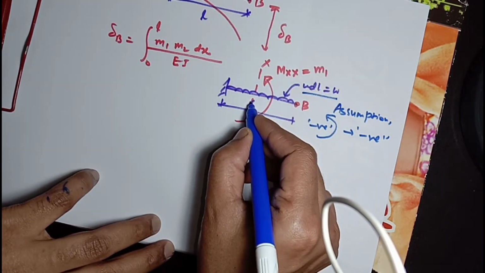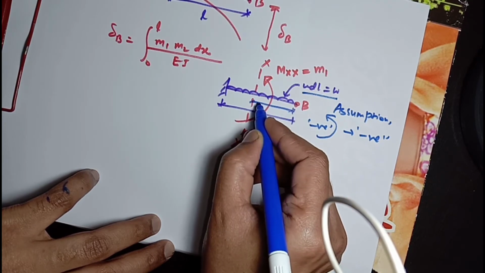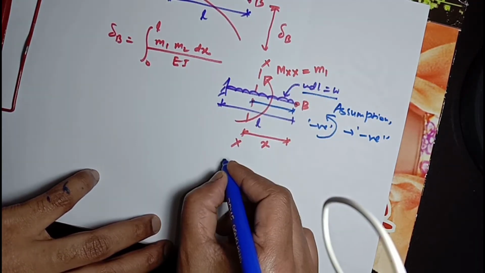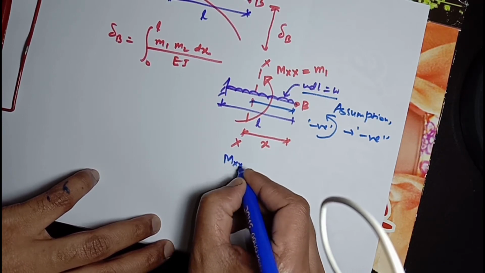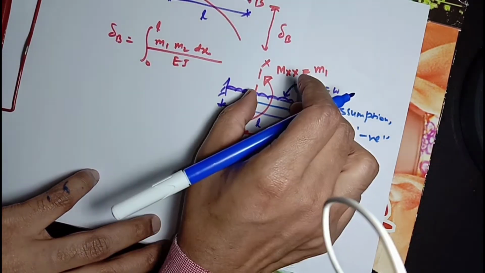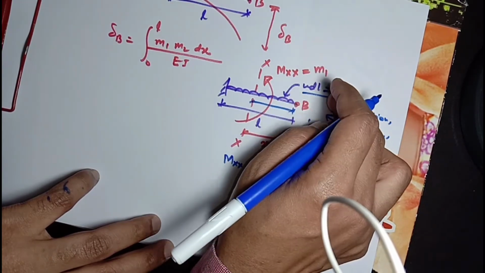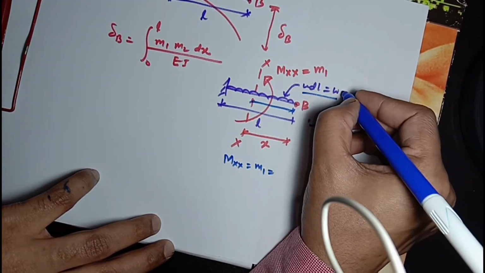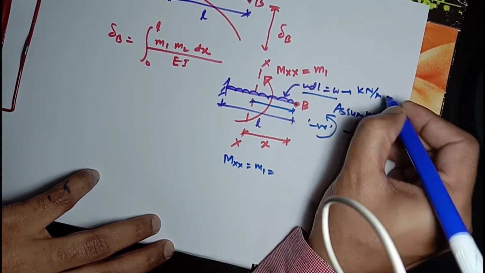So this is the loading area, loading part, and this is UDL. So MXX, or you can say M1 will be, this is the total load. What will be the total load? W multiplying with this load. This is the W, it will be in kilonewton per meter.